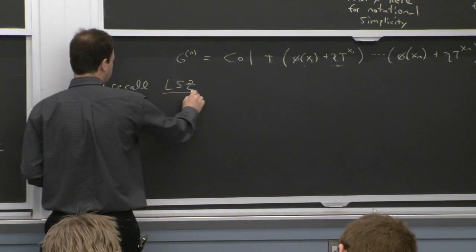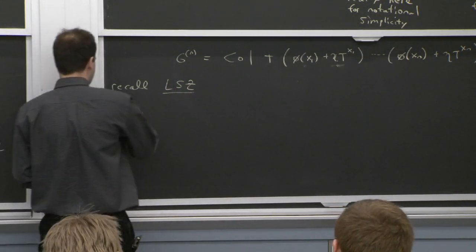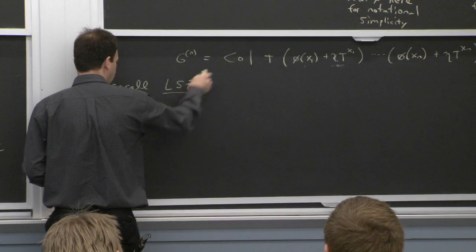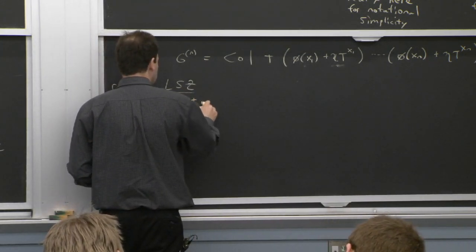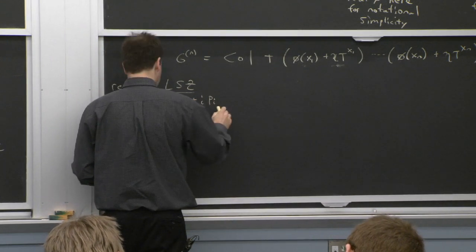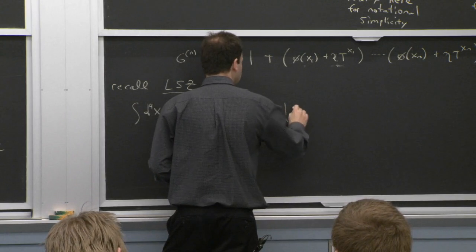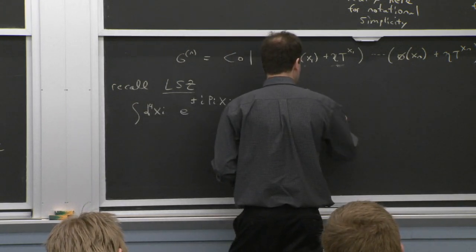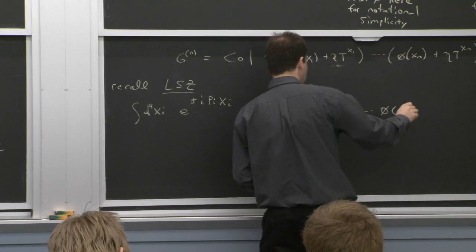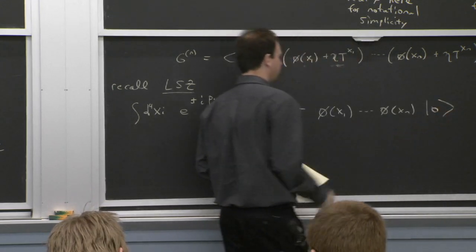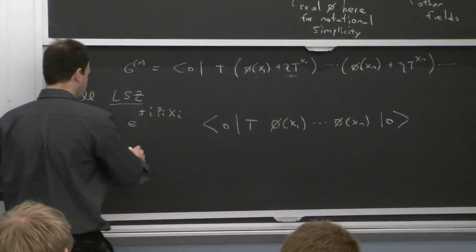So when we're going to think about observables, we should think about the LSZ formula, which connects Green's functions to S matrix elements. So let me remind you about that. And I'll remind you what it looks like for some fixed set of fields, which are scalar fields, but we could put fermions in it as well.